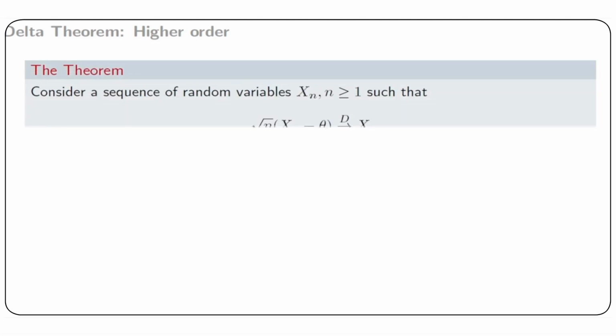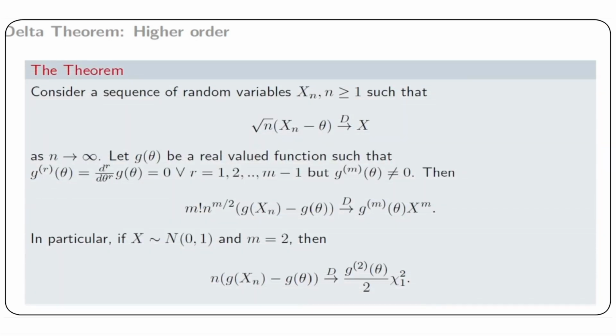So consider a sequence of random variables Xn such that √n(Xn − θ) converges in distribution to X. Let g(θ) be a real valued function such that the derivatives of g at θ up to order m − 1 are all 0, but the mth order derivative of g at θ is non-zero.